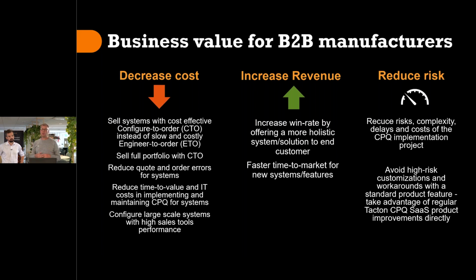For those kinds of products, you reduce quote and order errors because we automate and validate all the solutions that we create. And you also reduce the time to value and the IT costs in implementing CPQ projects, because we have these tools available for your complex products.